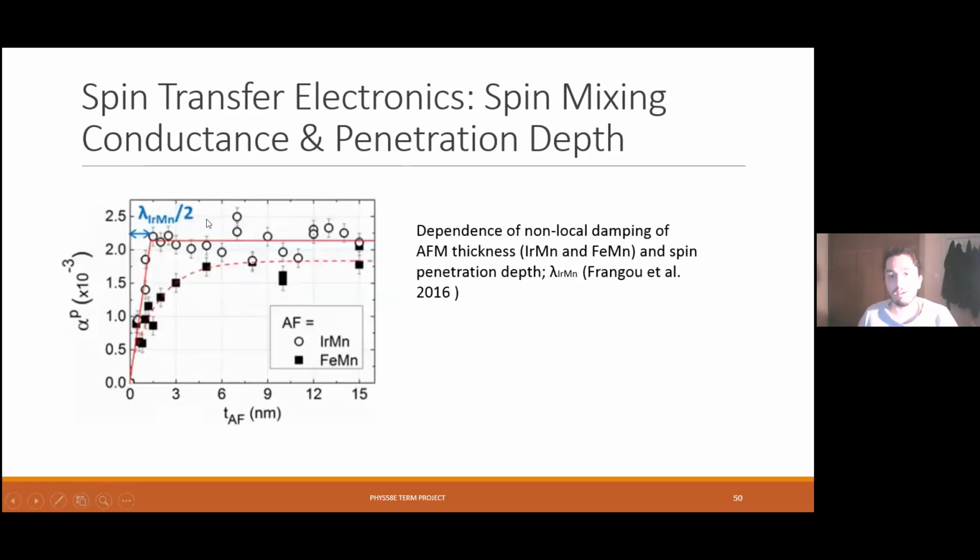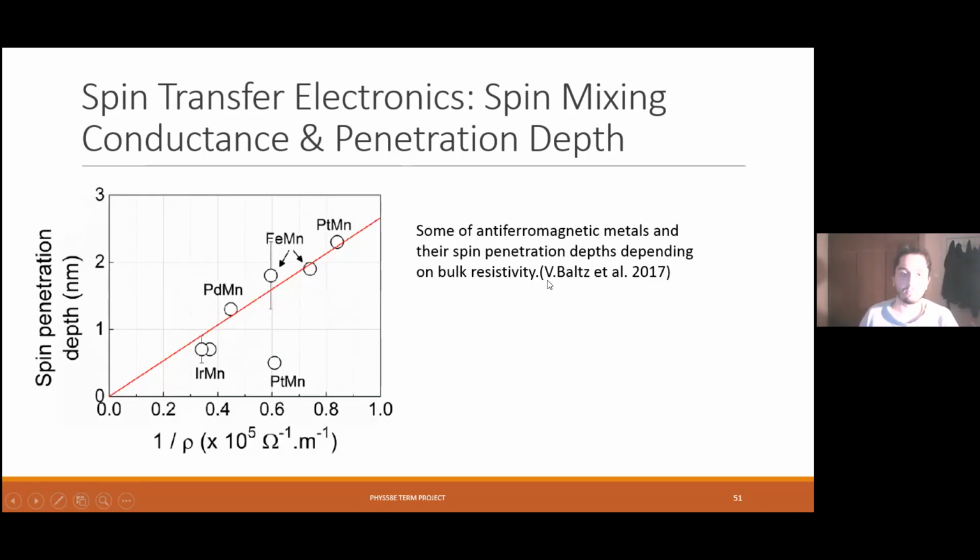And this is the dependence of the antiferromagnetic layers, where two different layers have been used, iron manganese and iridium manganese, and the spin penetration depth given here is from Frango et al. And this is quite important data from Bals et al., on some of the antiferromagnetic metals and their spin penetration depths depending on the bulk resistivity.